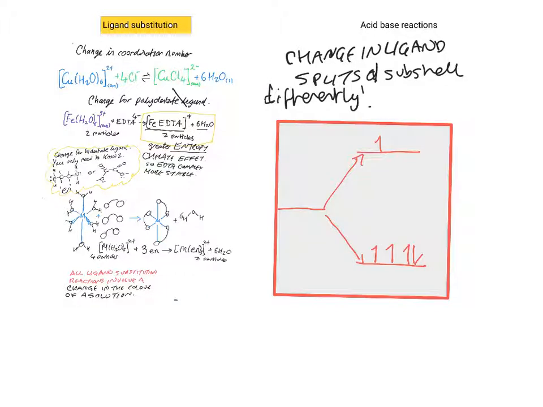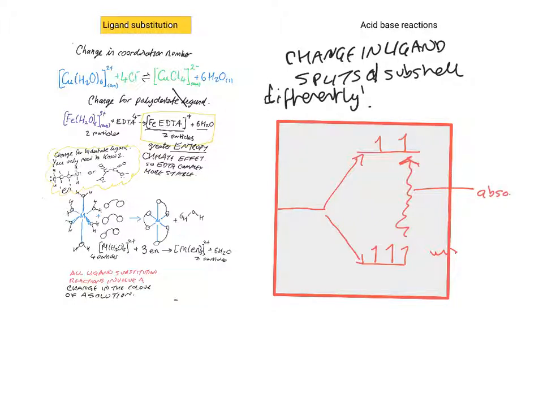So remember why you get coloured solutions and why there's going to be a change in colour. The ligand splits the d subshell, and then as light hits, an electron will become excited to the higher d subshell, and visible light will be absorbed.